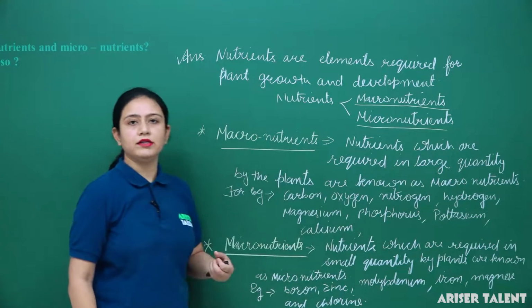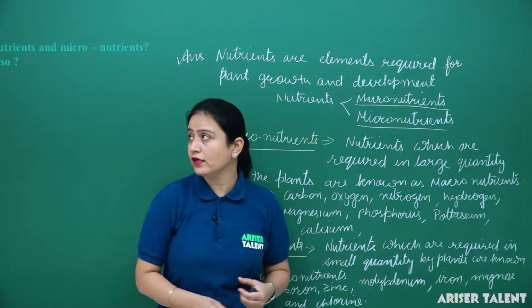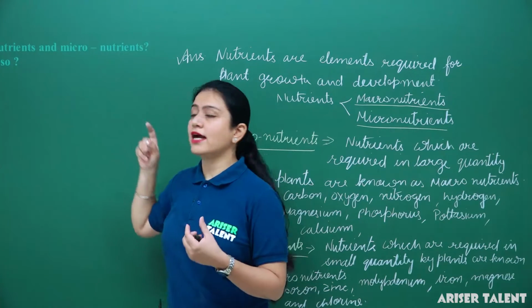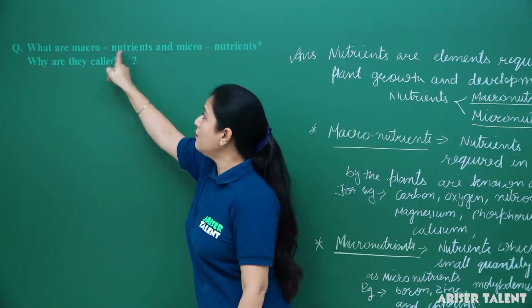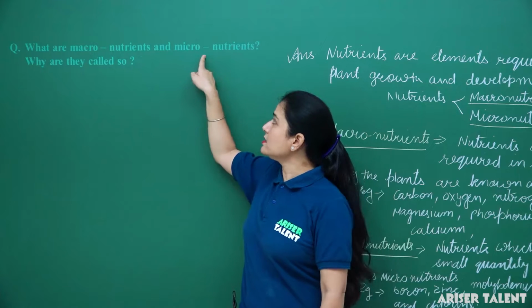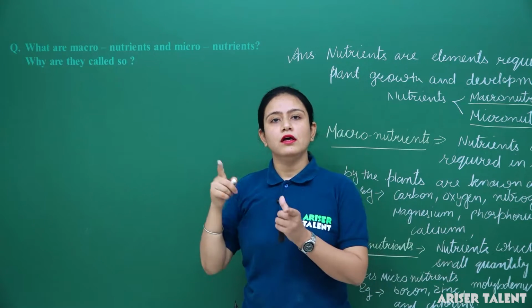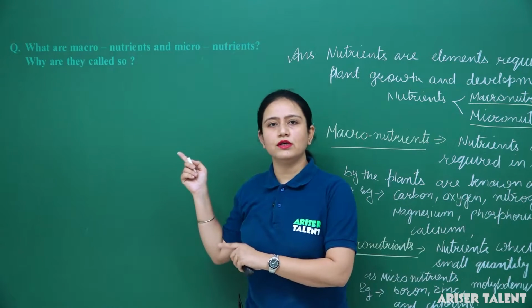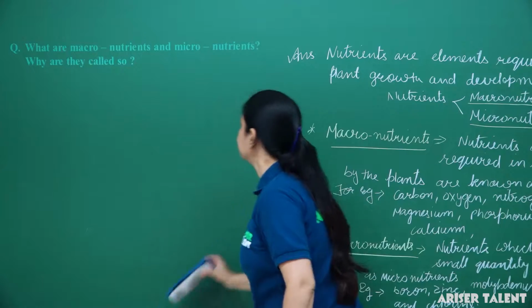Okay, these are required in small quantity. This is the reason they are known as micronutrients. Clear? So, the nutrients which are required in large quantity are known as macronutrients, and the nutrients required in small quantity by the plants are known as micronutrients. Even plants need nutrients for growth and development. Clear? So, this was the answer.